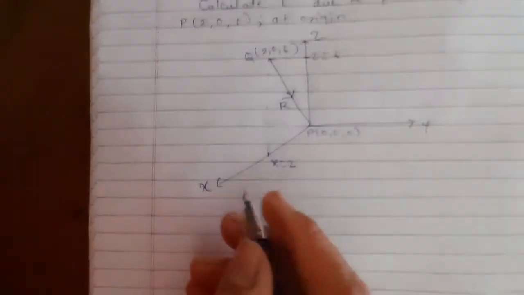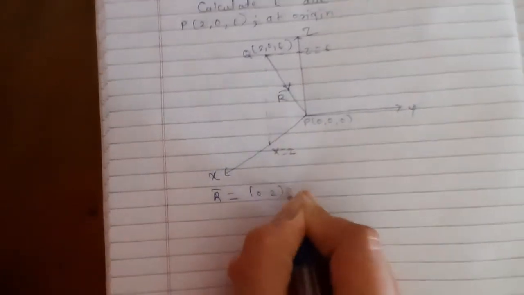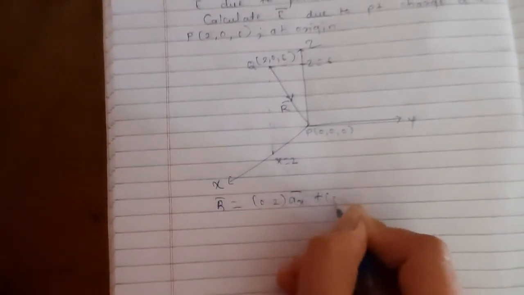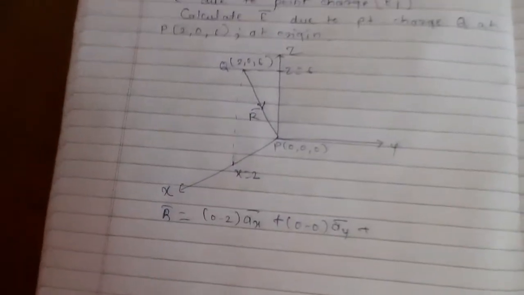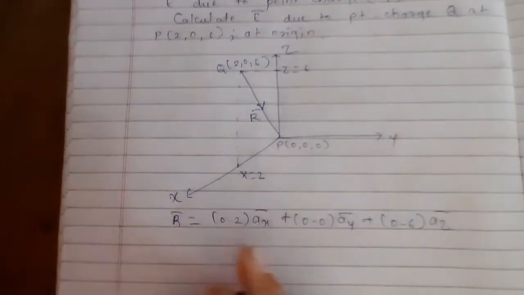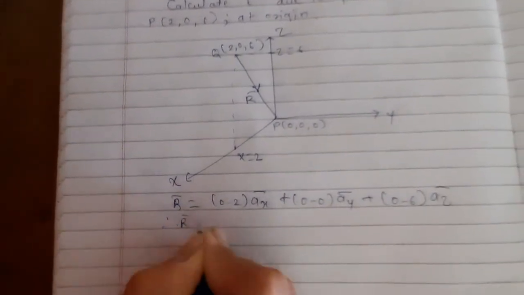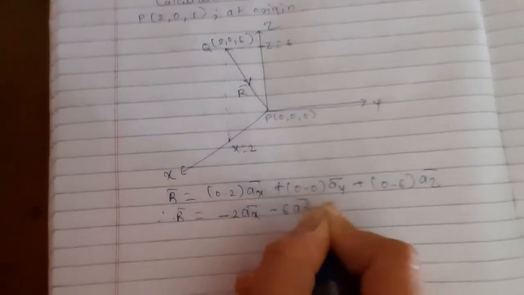So first we find the vector r bar. It is equal to 0 minus 2 ax bar plus 0 minus 0 ay bar plus 0 minus 6 az bar. So r bar is equal to minus 2 ax bar minus 6 az bar.